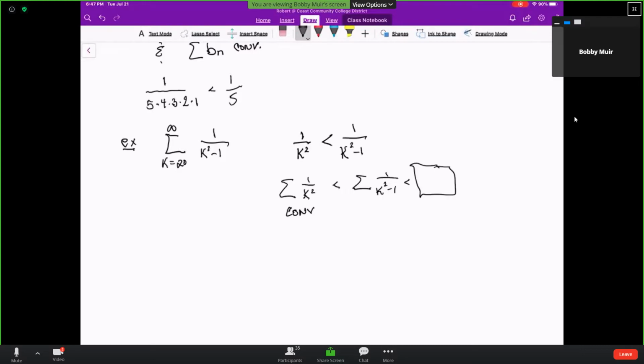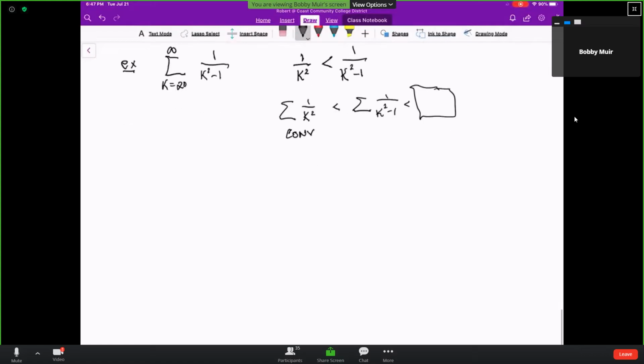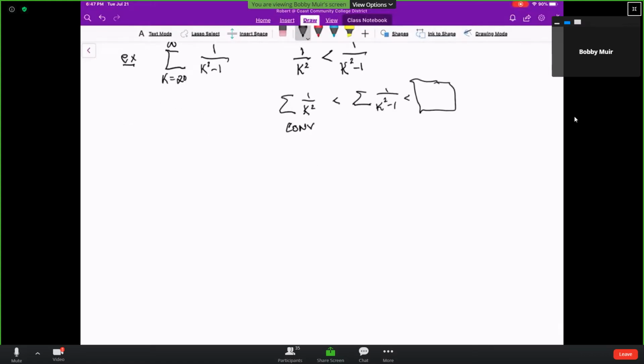So it looks like we're going to need a new test, because this has got to be the case. We'll develop a new test, which is called the limit comparison test.